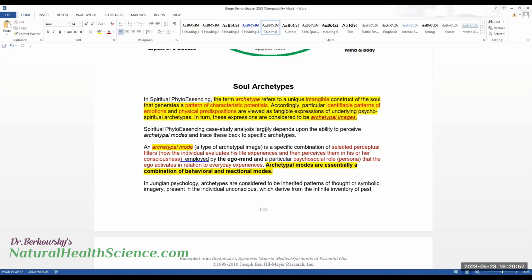So there are these identifiable patterns of emotions and physical predispositions that are viewed as tangible expressions of underlying psychospiritual archetypes.